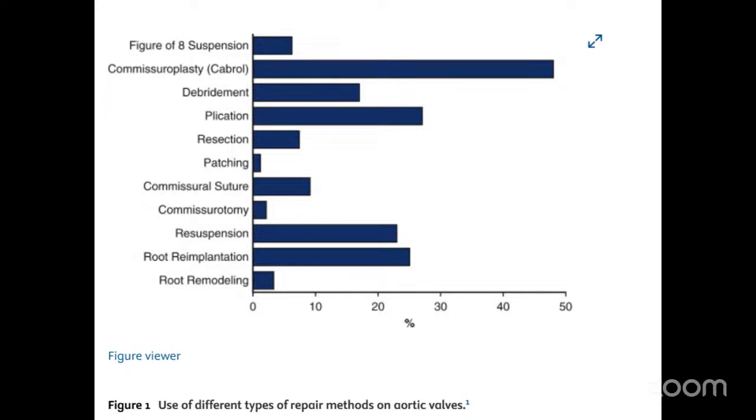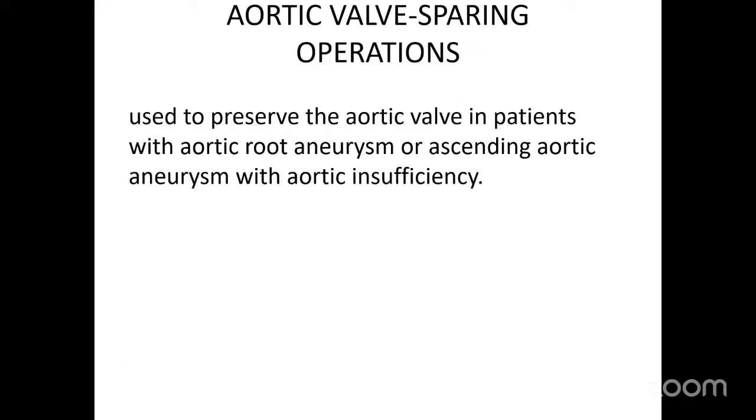Triangular resection has the highest number of cases done, as can be seen, followed by plication, less than 30%, root implantation, resuspension. Also, figure of eight is lower still, but I think more and more will be used in the future.